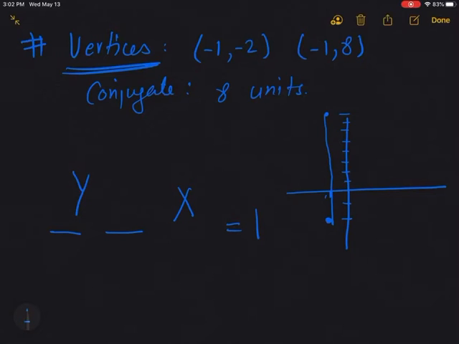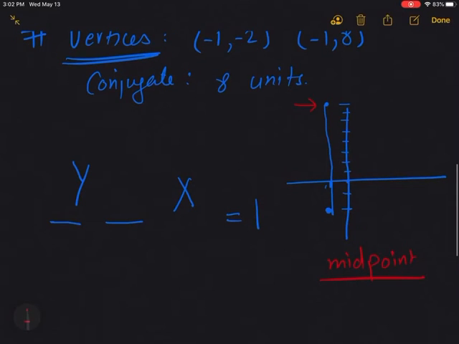Okay, now we need to find h and k. Is it (0, 0) this time? No, (0, 0) can't be the center, it's not halfway between these. So first you have to find h and k. There are multiple ways to do it. The easier way is, since you already know the vertices, just find the center point. You could even use the midpoint formula. You can add the x's and divide by 2, and the same for y's: add the y's and divide by 2. I'm going to show you the midpoint formula.